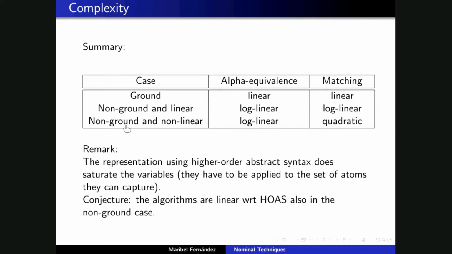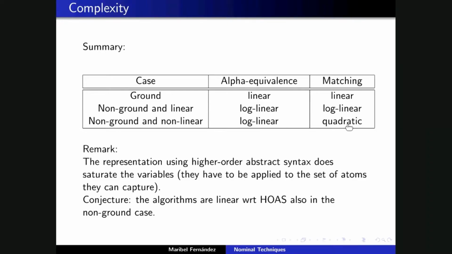Now, if you move to the non-ground and non-linear matching, which, as I say, is not something you will need to implement functional programming, but you might just want it for the general case of rewriting terms that have variables and non-linear variables. Why is that quadratic, and could it be done in a better way?